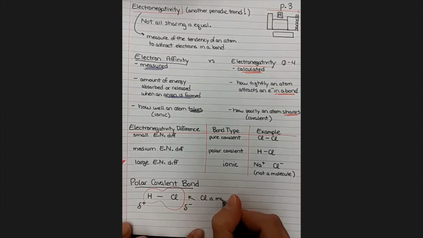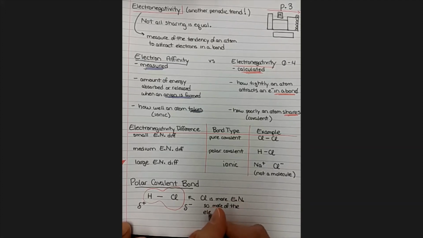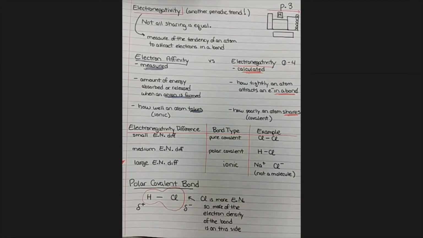So let's write that. Chlorine is the more electronegative of the two, so more of the electron density of the bond is on this side. So this is sort of how we understand where the electron might live.